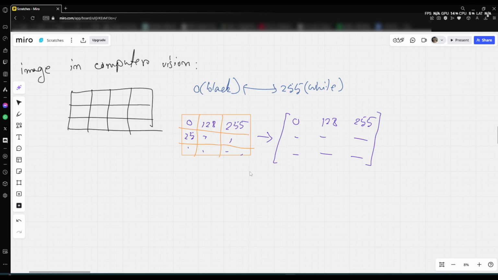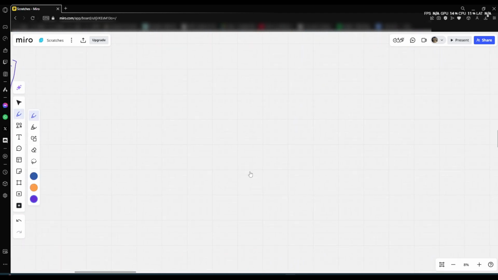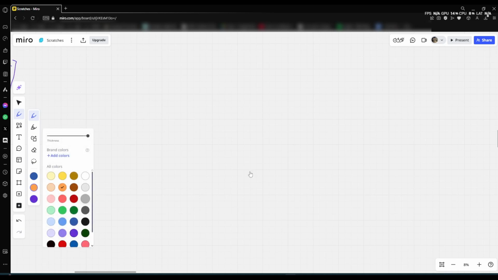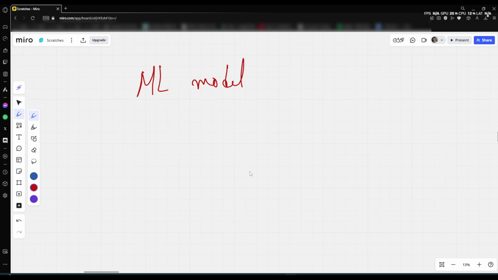Then the confusion matrix. Whenever we build a machine learning model, we always do the confusion matrix at the end.